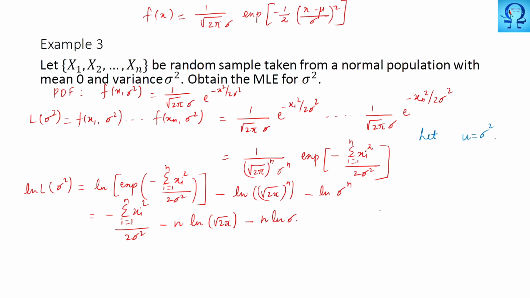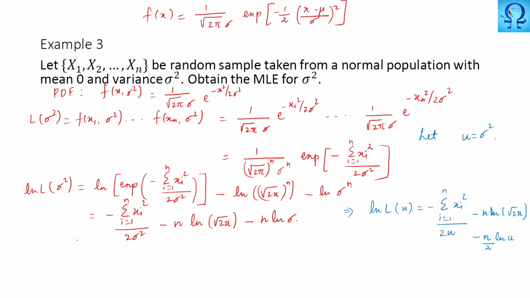So what happens to your log of L of u? This gets transformed as minus summation i runs from 1 to n xi square divided by 2u, minus n times of log under root 2 pi, minus n times of log of u to the power half. So this can also be written as n upon 2 times of log u.